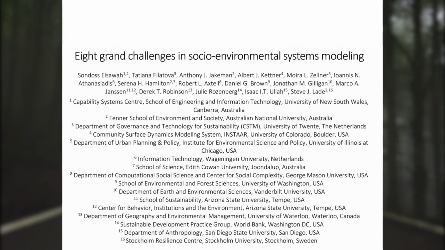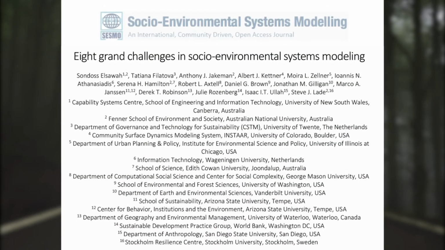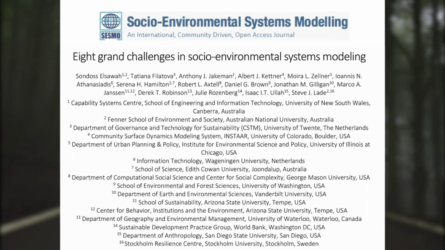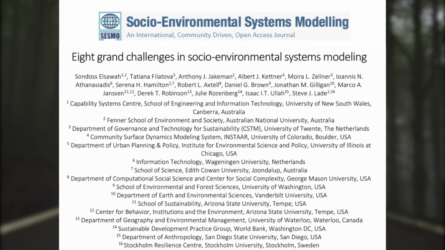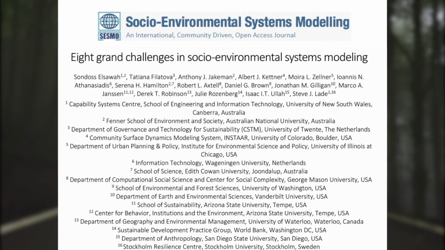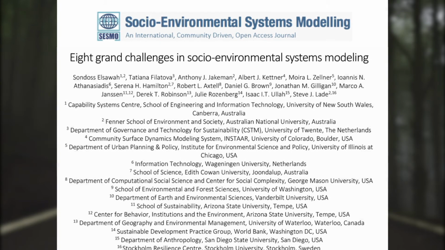This is well described by Saltelli and colleagues in their article on the 8 grand challenges of socio-environmental modeling. They call this multi-sourced uncertainty, deep uncertainty. In the modeling literature, the main sources of uncertainty are often attributed to data, model structure, and model parameters.